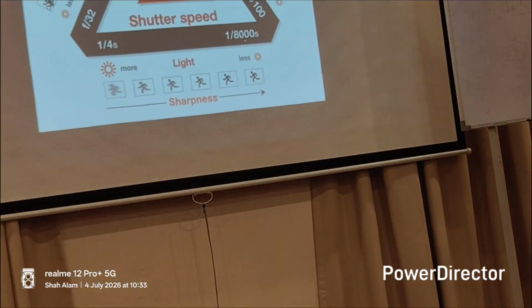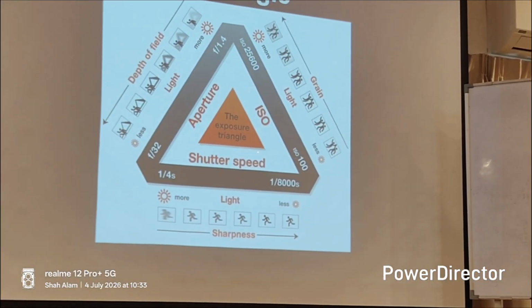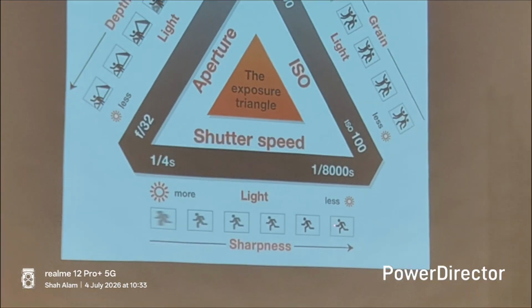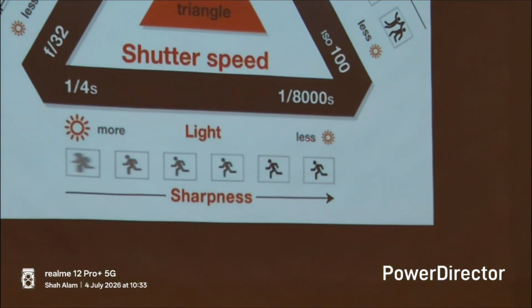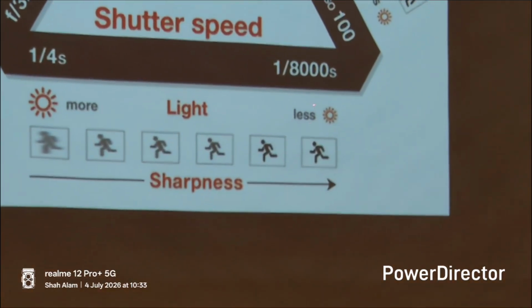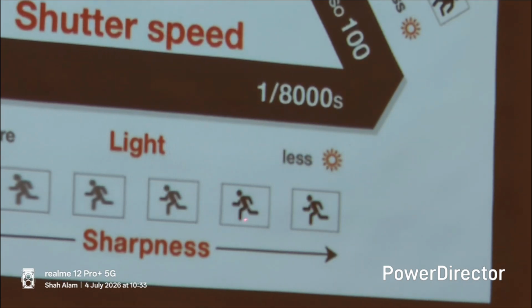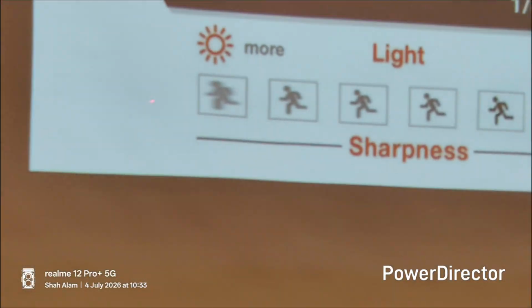It's always 1/8,000 of a second. That means the shutter will open and close within 1/8,000 of a second, very fast. This is for sports, or when there's very strong light, daylight, for example. The advantage is, for sports, when you use this speed, you can capture a very sharp image when the person is moving. But when the shutter speed is very slow, you get a blurred image.